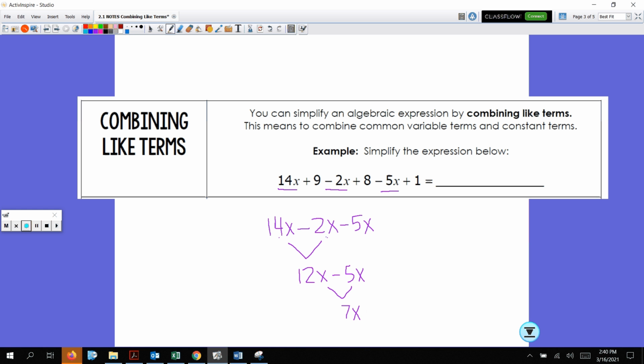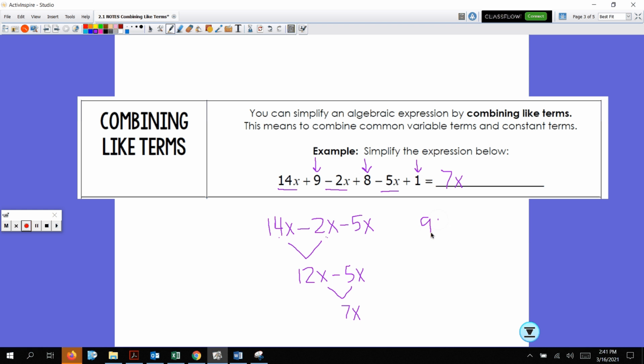So when I combine all my variable terms together, because they are all x terms, I can just add or subtract the numbers in front, or add or subtract the coefficients. So that's 7x.